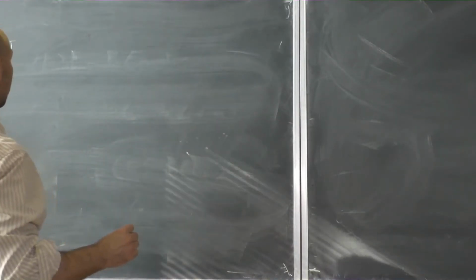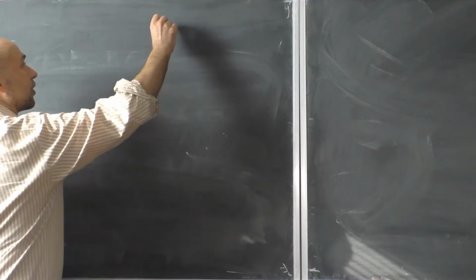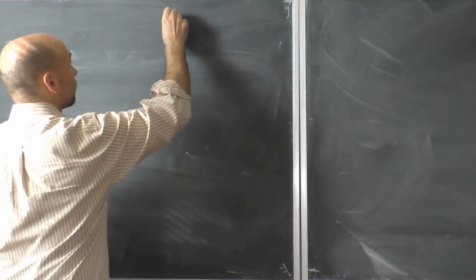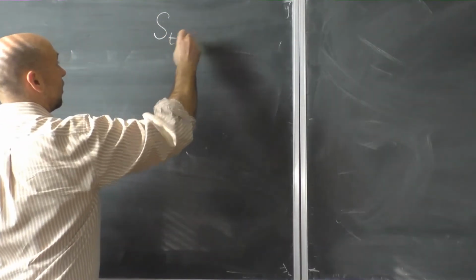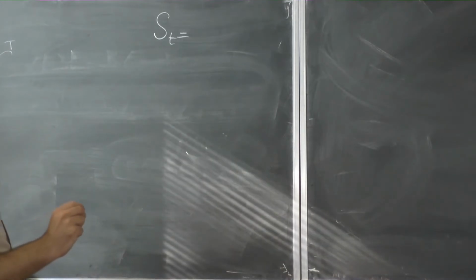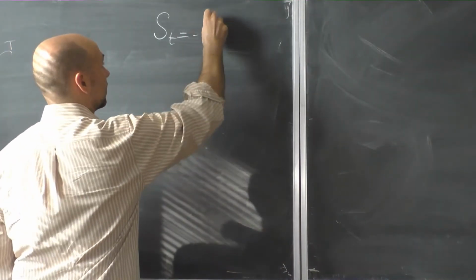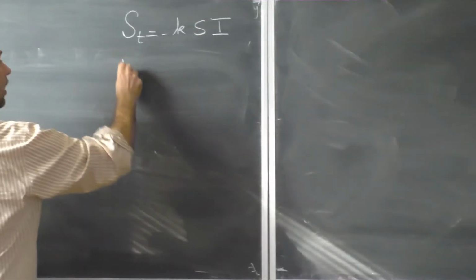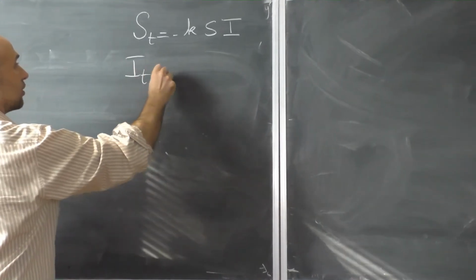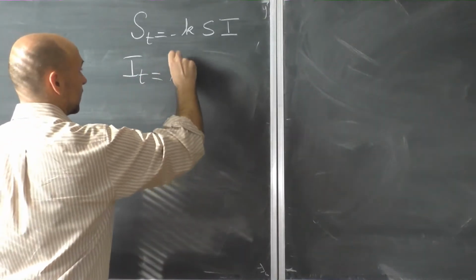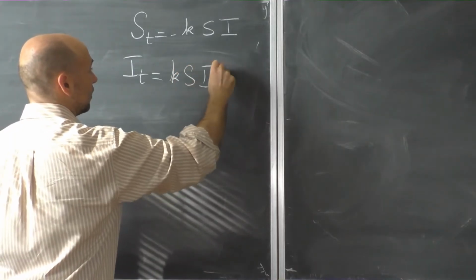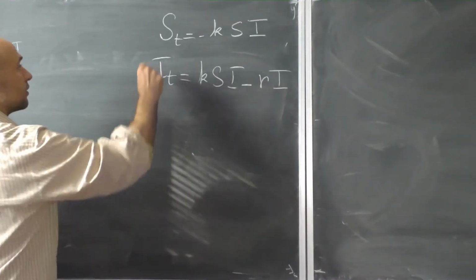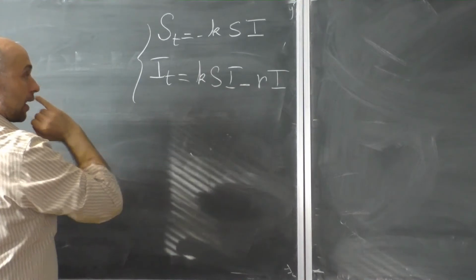I recall that we are working with the simple SIR model, which writes S' of t equals minus k S I, and I' of t equals k S I minus r times I. Well, I could stop here.